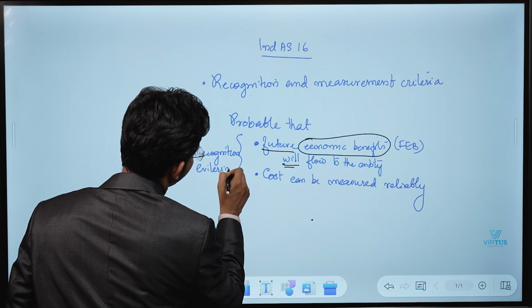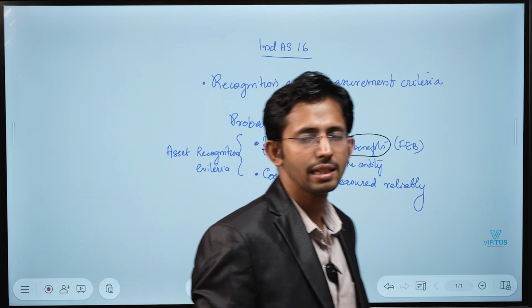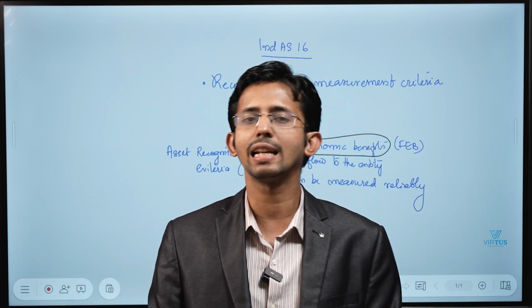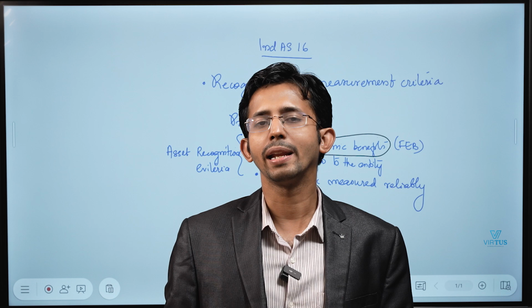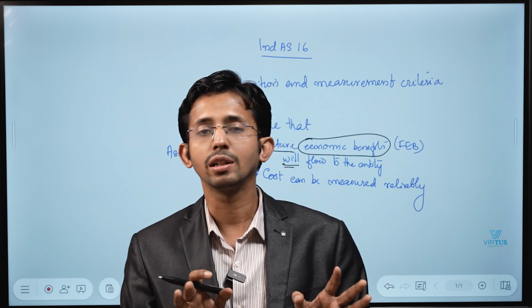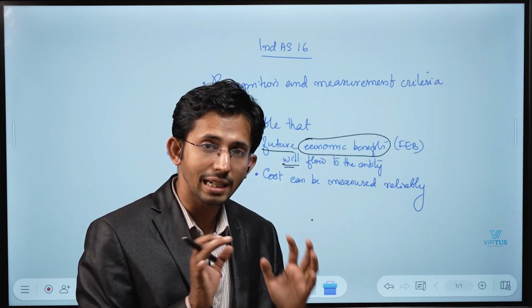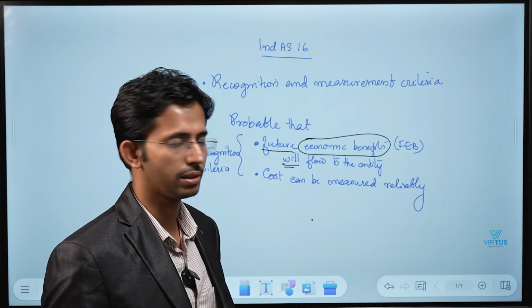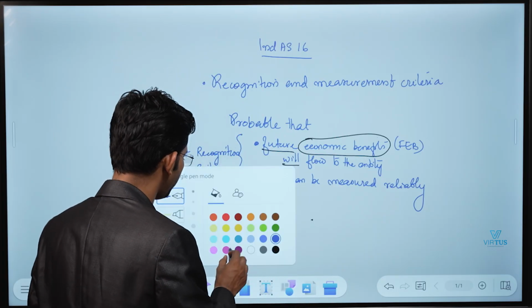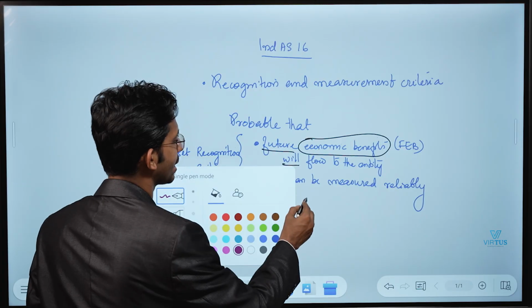And if either of these conditions fails, then even though it is an asset, even though it is beneficial for the company, you can't recognize it as an asset in your financial statements. Now let me give you some examples to understand this.